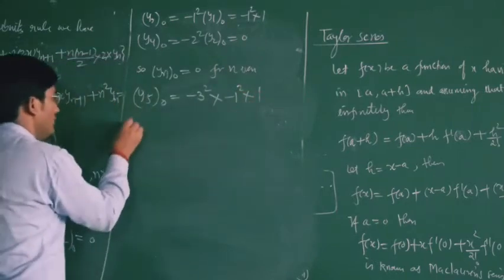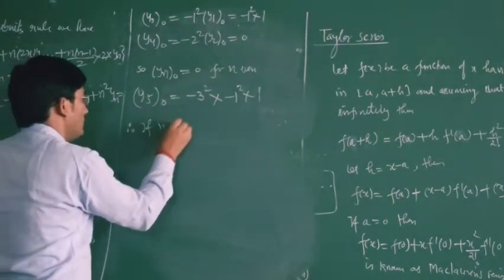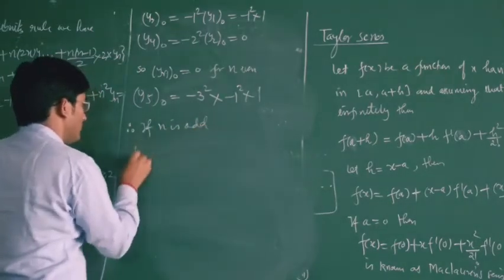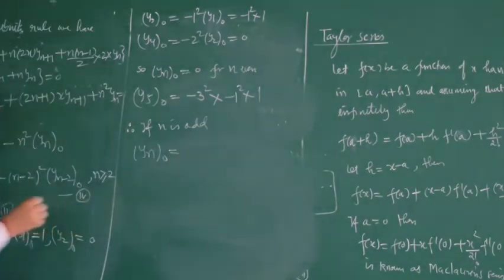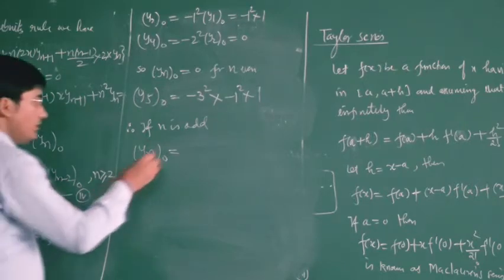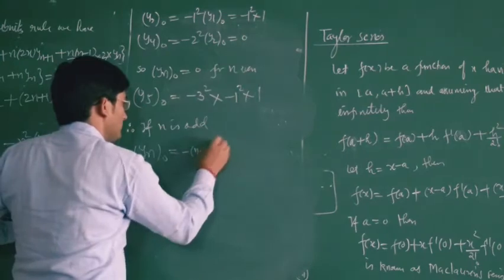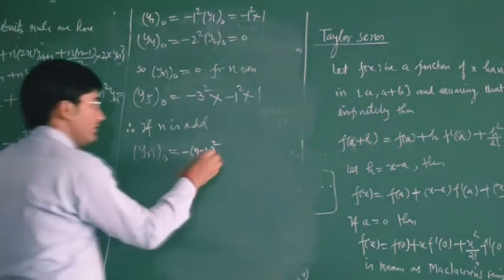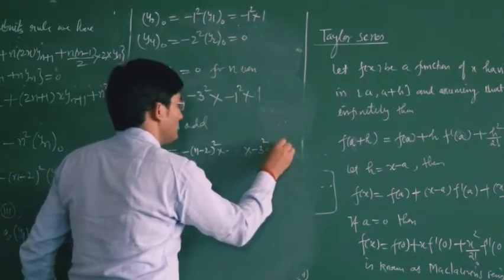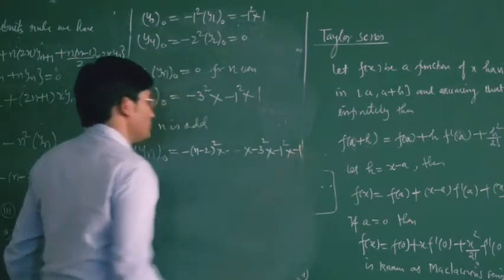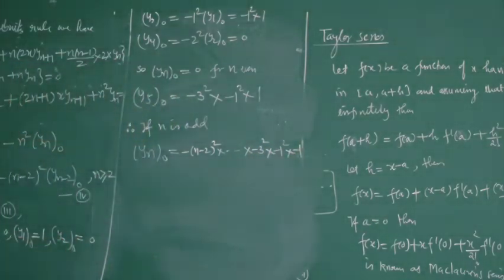Therefore, if n is odd, the last term is, if n is here, then we are getting n minus 2 here. So yn(0) will be minus (n minus 2) whole square, then we will have (n minus 4) and so on. The last terms are minus 3 square, minus 1 square, minus 1. This is when n is odd.